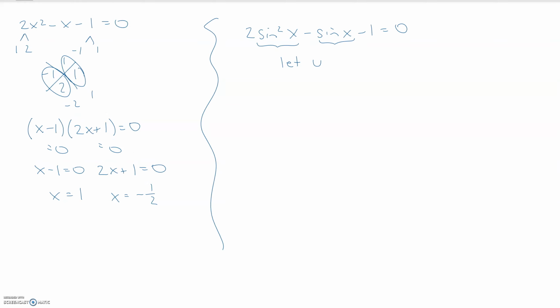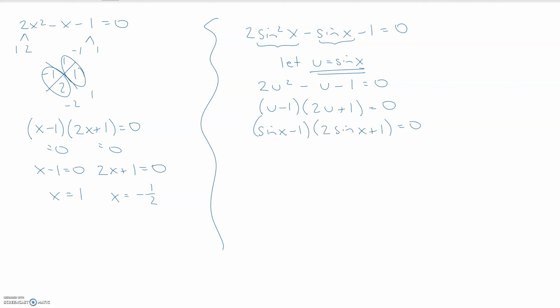So we're going to substitute the variable u for sine x. So we have 2u squared minus u minus 1 equals 0. We can then factor just like we factored before. We get u minus 1 times 2u plus 1 equals 0. And then because u equals sine x, we can switch out u so that we have sine x minus 1, and we have 2 times sine x plus 1 equals 0.